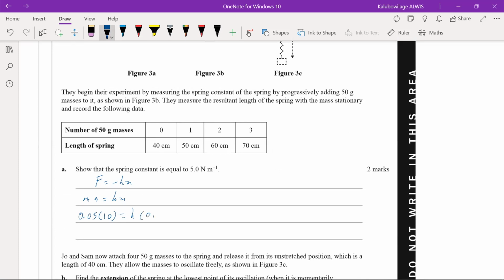The difference is 0.1 meters, and that should come up to k.